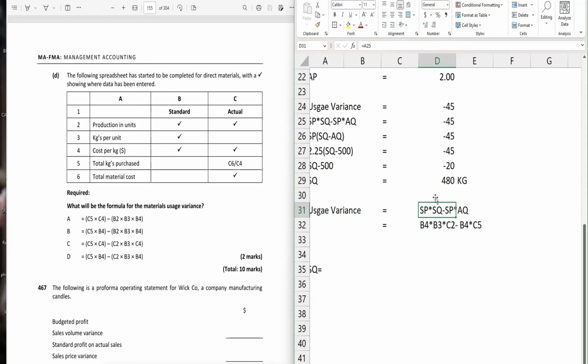Actual production is your C2, and in order to find the standard quantity for actual production, we need to find the standard kg per unit, and standard kg per unit is B3. Then we will subtract, with SP being B4 and AQ being the actual quantity purchased, that's your C5. According to this, you can find the option.